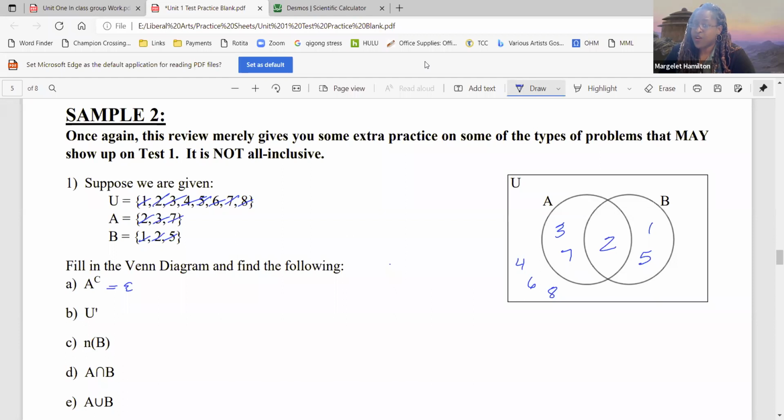Take two fingers and cover up the whole A circle, and then whatever you see, that's your answer. So it will be 1, 4, 5, 6, and 8.